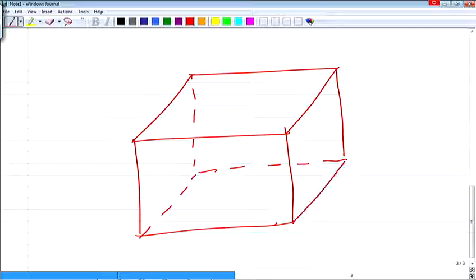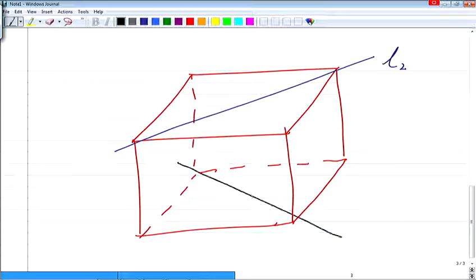If you remember, when I introduced skew lines, I mentioned that the two lines are actually on two parallel planes. You draw, let's say this is L2, and then L1.